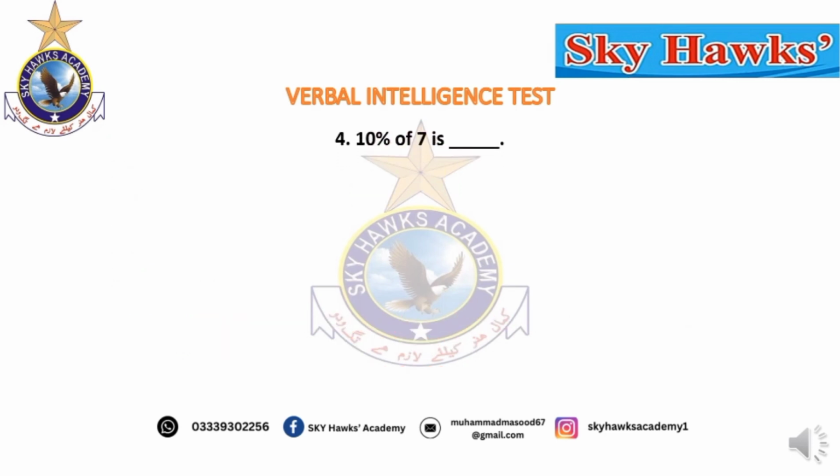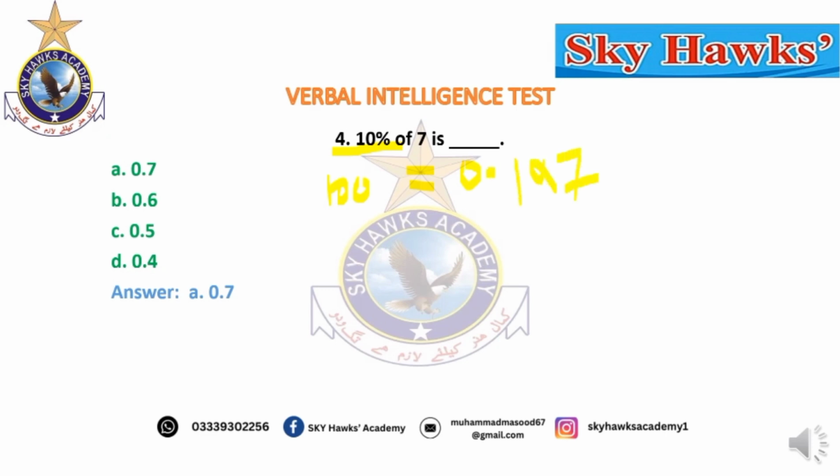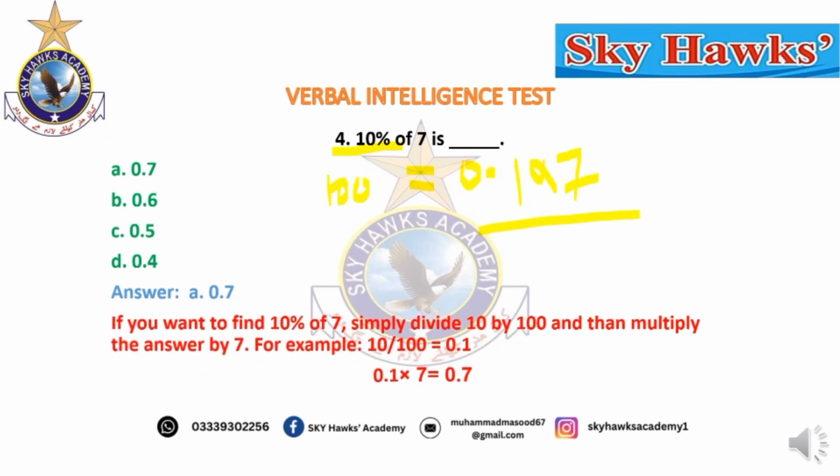Next question is 10% of 7: 0.7, 0.6, 0.5, 0.4, and the answer is 0.7. Again, simple trick: 10 divided by 100 gives 0.1, multiply it by the number given, 7, and that will give you 0.7.